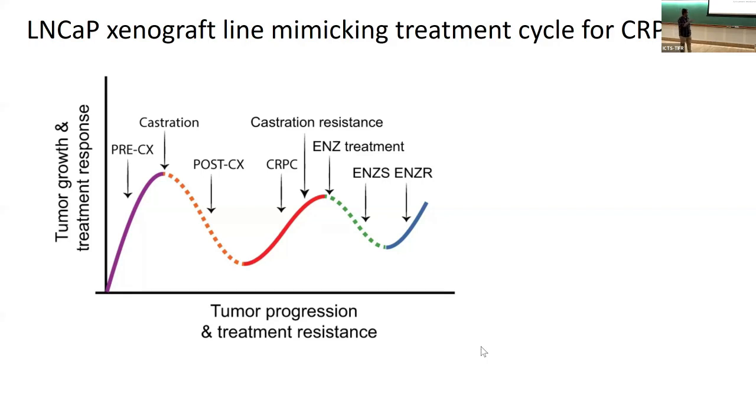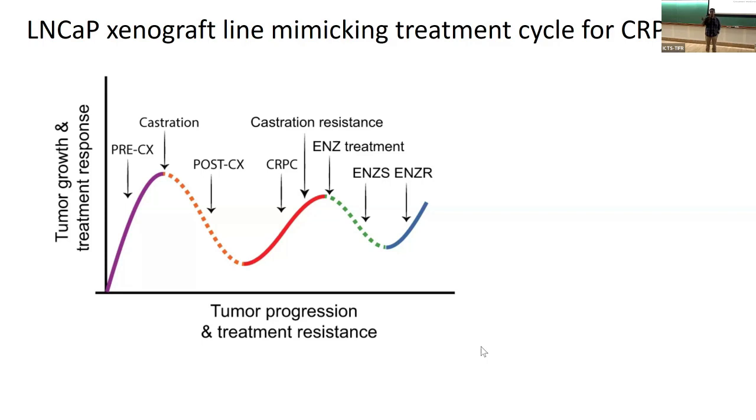So the cancer grows pre-castration, then the castration, then post-castration it reduces, then again it becomes castration resistant, and then you apply drug, then it goes down, and then it goes up and you die, right? That's the typical cycle. And this ENZ is enzalutamide, an androgen receptor targeting molecule.